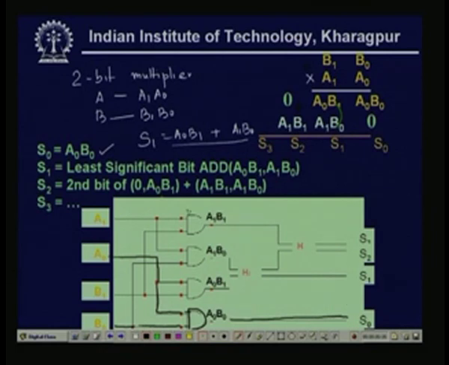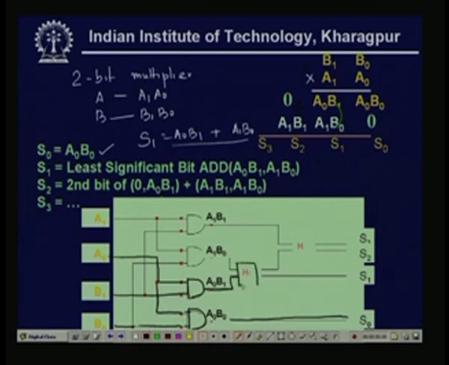What is my S1? S1 is the sum of two terms that will be added. See, first we have to add A0 B1. So, this is the AND gate whose inputs are A0 and B1, and the output is fed to a half adder.